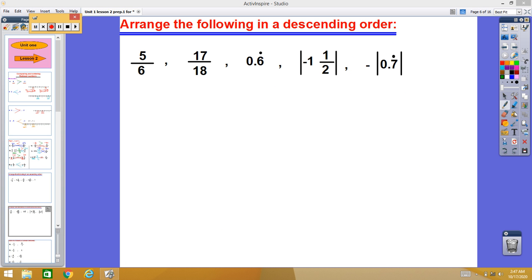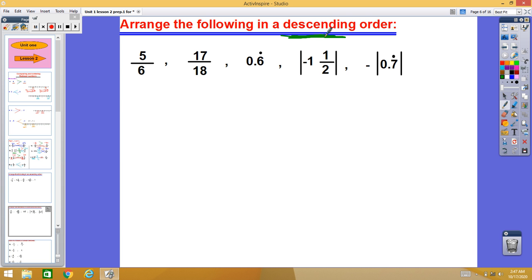The second part: arrange the following in descending order. We have the fractions 5 over 6, 17 over 18, recurring decimal 0.6, absolute negative 1.5, and the last one, negative absolute recurring decimal 0.7. Now we want to order these rational numbers in descending order.